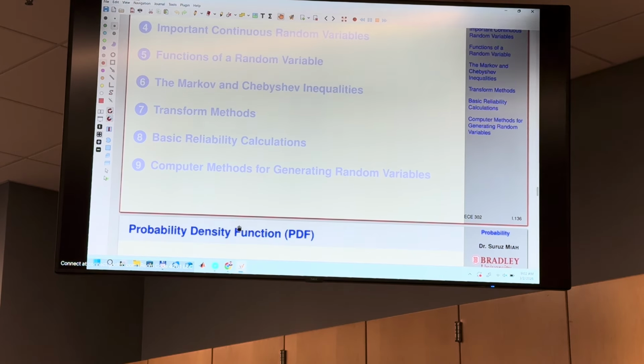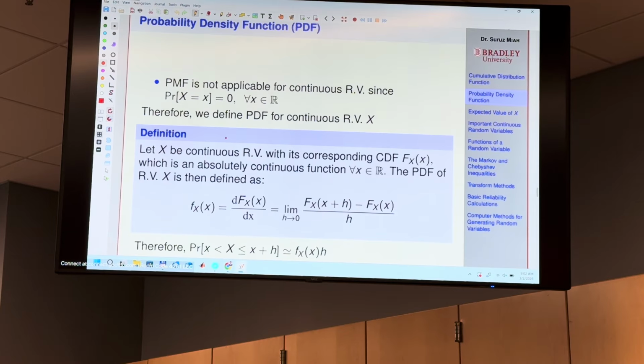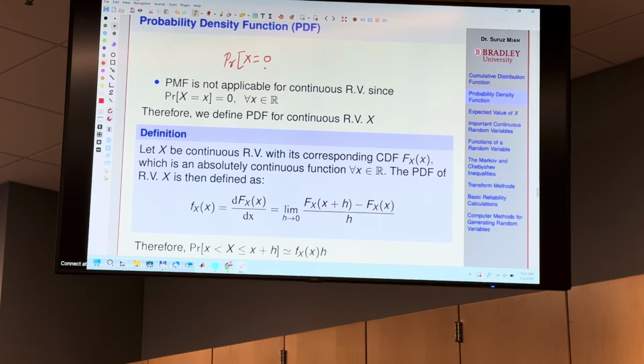So, the probability density function of a continuous random variable, just to recap. For a continuous random variable, the probability that the random variable x takes exactly a certain value is going to be zero.